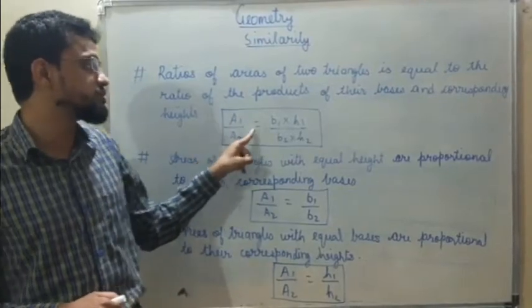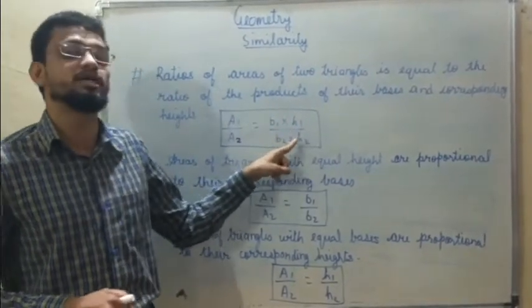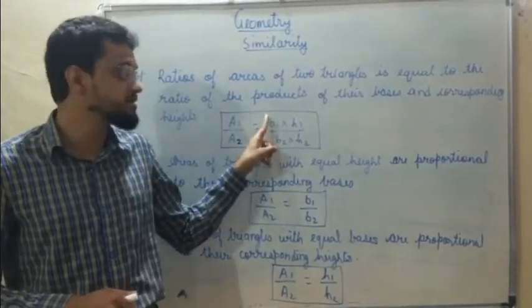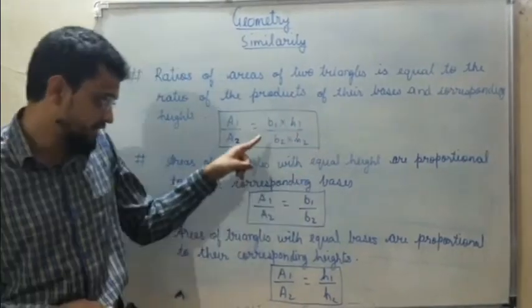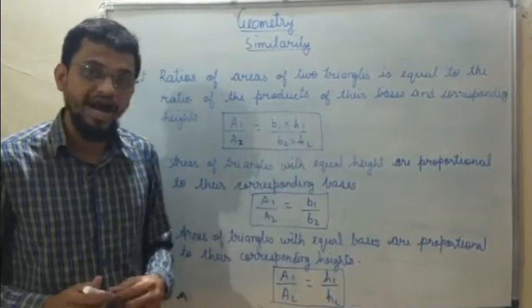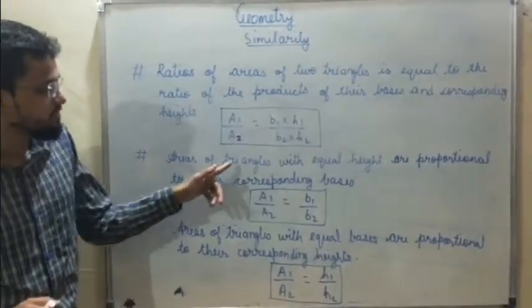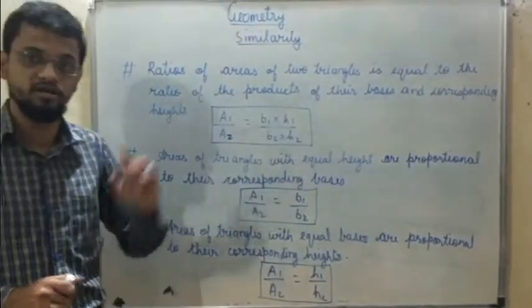A1 upon A2 is equal to B1 multiplied by H1 divided by B2 multiplied by H2, where B1 is the base of first triangle and H1 is the height of first triangle, whereas B2 is base of second triangle and H2 is height of second triangle. The second property was areas of triangles with equal height are proportional to their corresponding bases.